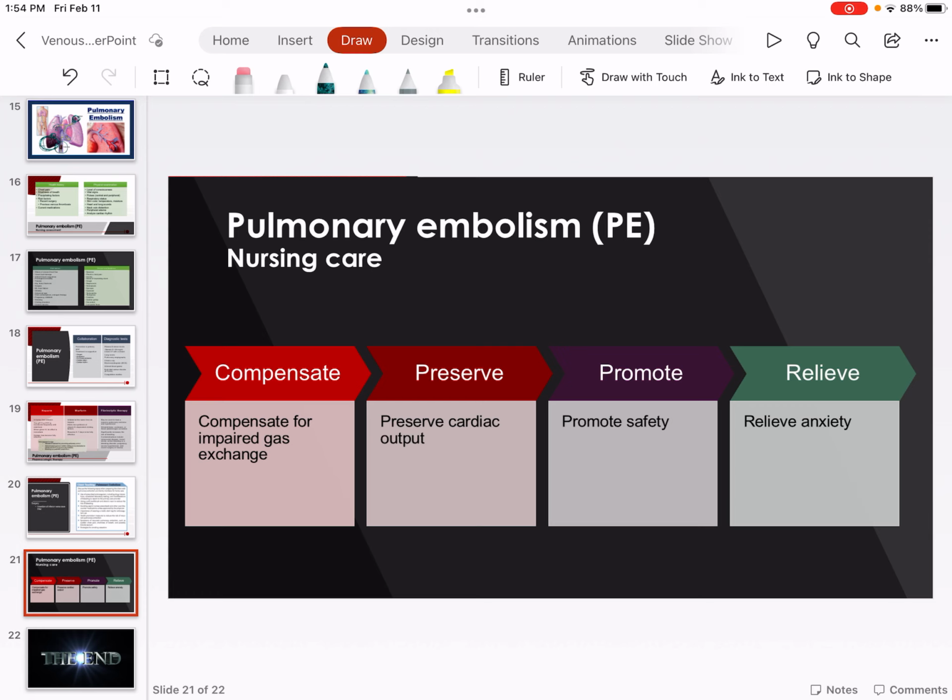Alveolar surfactant decreases, and that increases the risk for atelectasis, which is like collapse of those alveoli, those little air sacs that their job is for tissue perfusion.